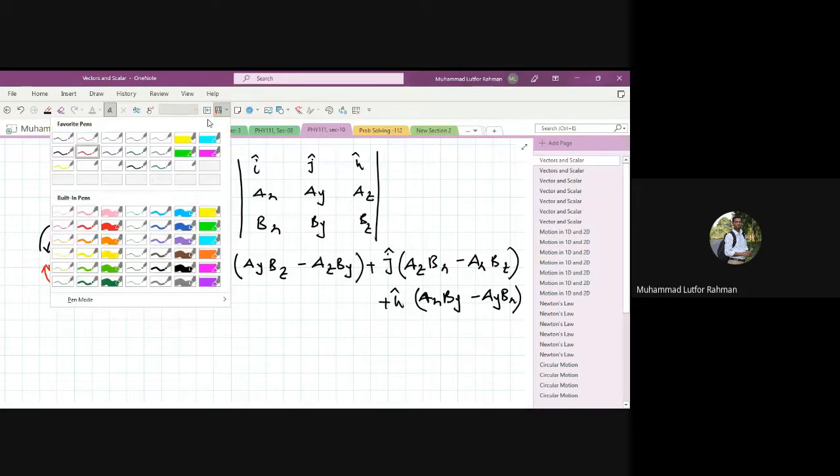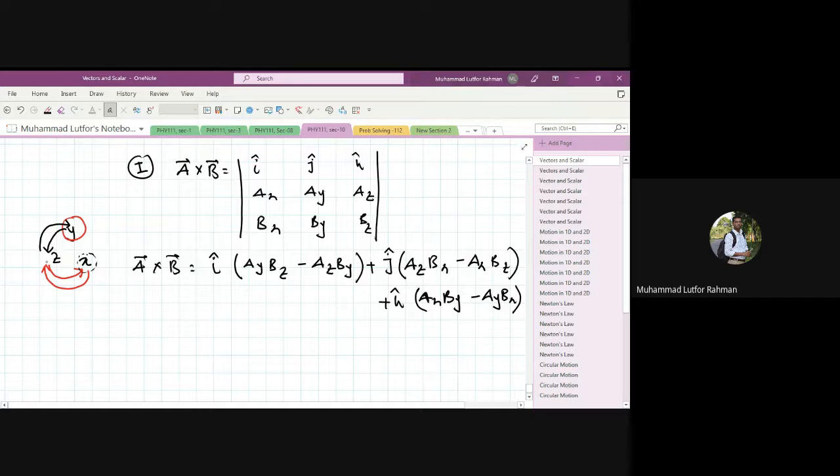For the z component, I start from ax by minus ay bx. It's a back-and-forth relation: counterclockwise terms are all positive, and clockwise terms are all negative. Sometimes you will find a minus sign placed differently, and if you use it, the result is reversed.